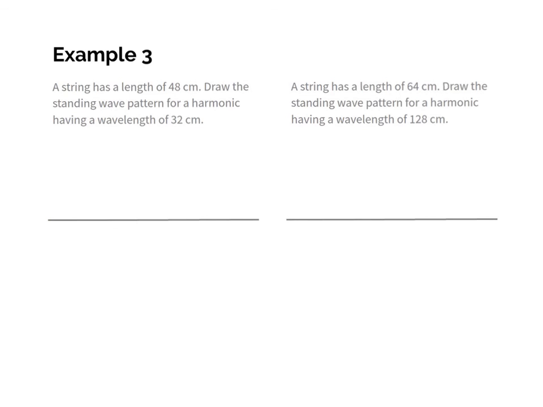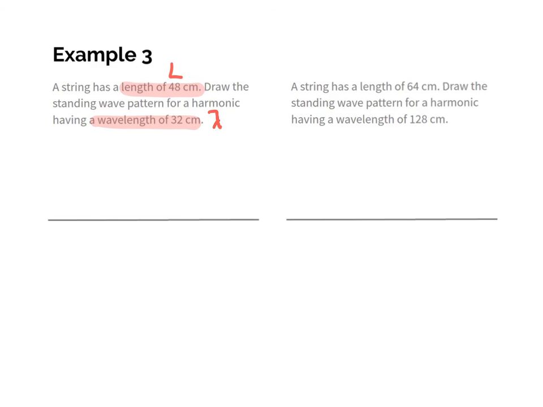So to relate this to our last example, let's say I give you the length of the string and the wavelength of the harmonic we're at. Can we draw this pattern? So here you are told that the string has a length of 48 centimeters. Think of that as L. And then we have a wavelength of 32 centimeters. Think again of that as lambda.